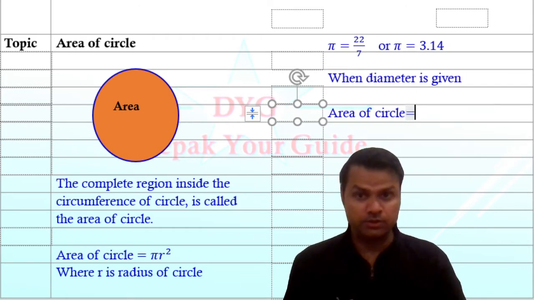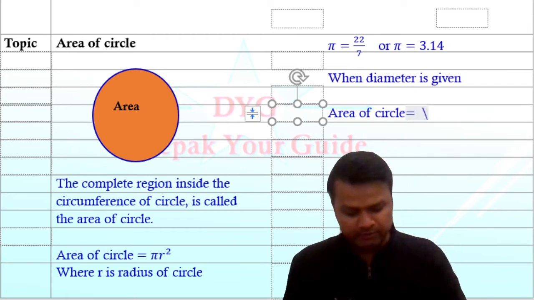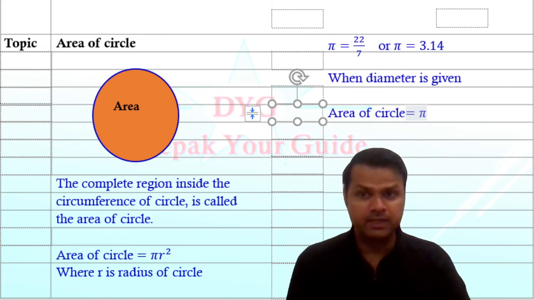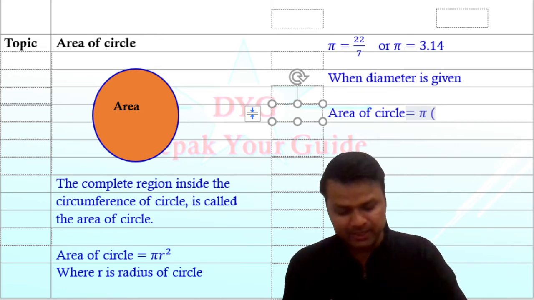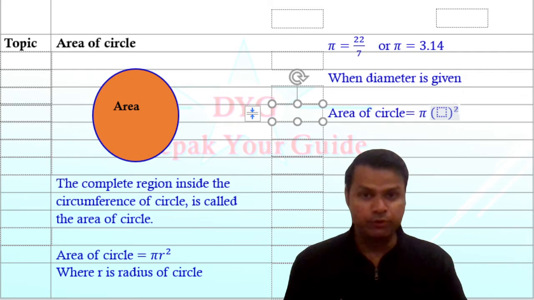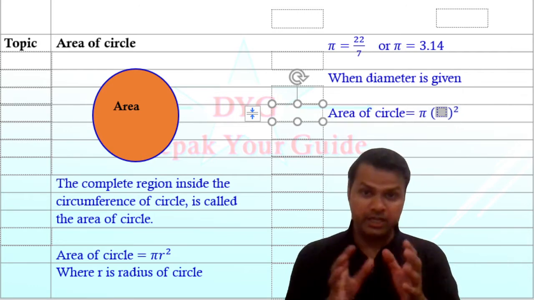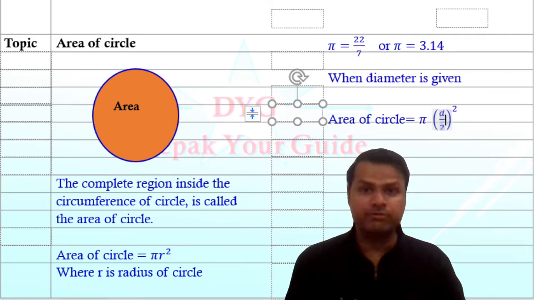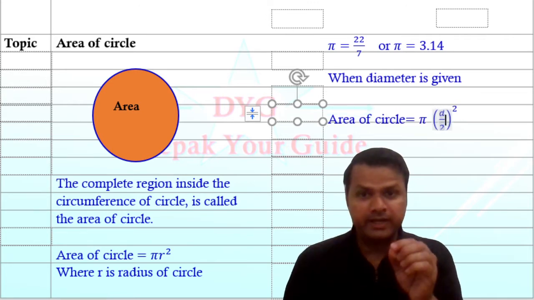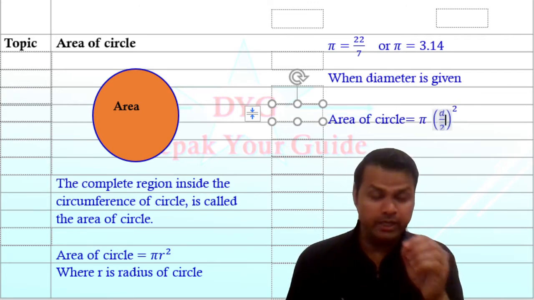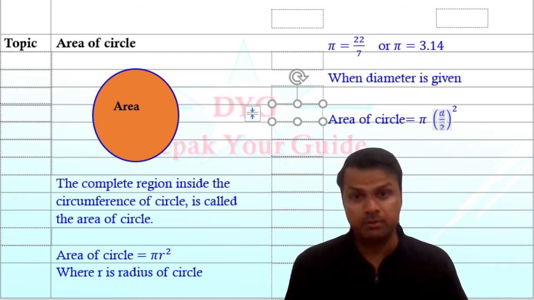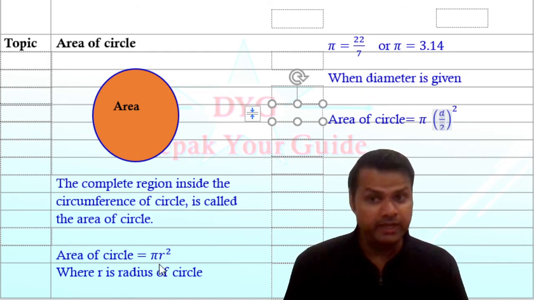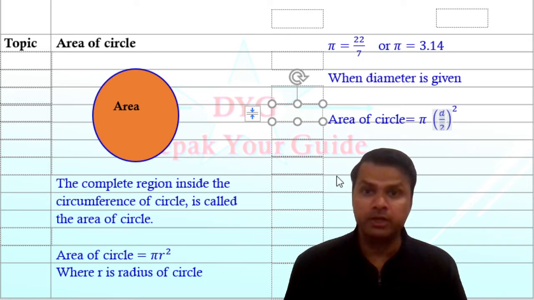Pi will remain pi here, you're not changing the pi. R square, but r can be changed here. The radius is half of the diameter. So we can write it as pi into d upon 2, whole square. Remember this is the whole square because the radius has got the square on it.